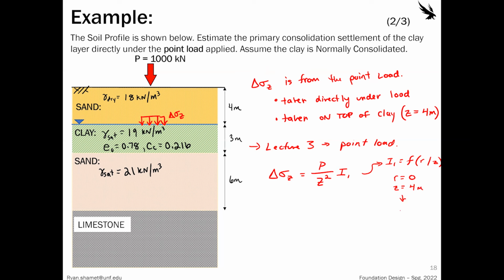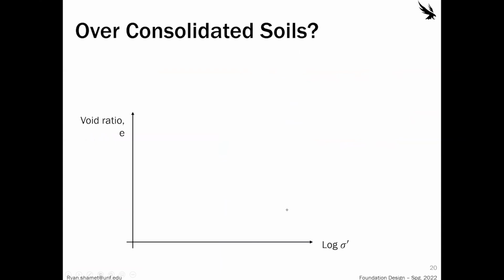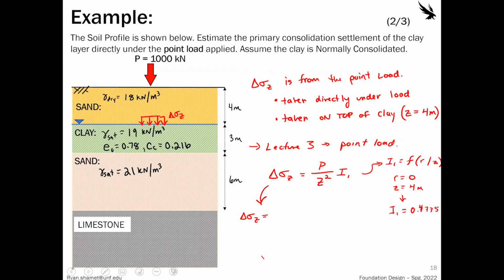And all of these produce an I1 value of 0.4775. What we do is we then plug this in here. So delta sigma Z is equal to the point load, 1,000 kilonewtons, divided by 4 squared and then times 0.4775.